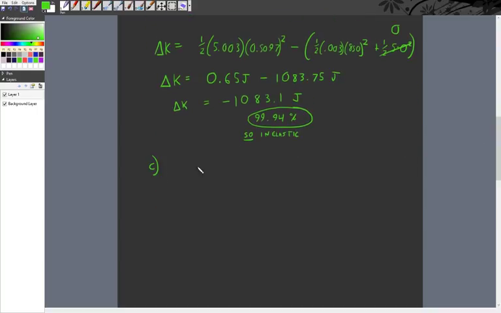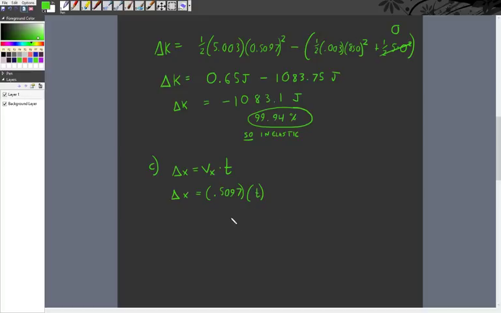So part C, we know that this is true because Vx does not change. We don't have an acceleration in the x direction when we're falling straight down, or when gravity is pointing down. So that's going to be equal to 0.5097 times the time.